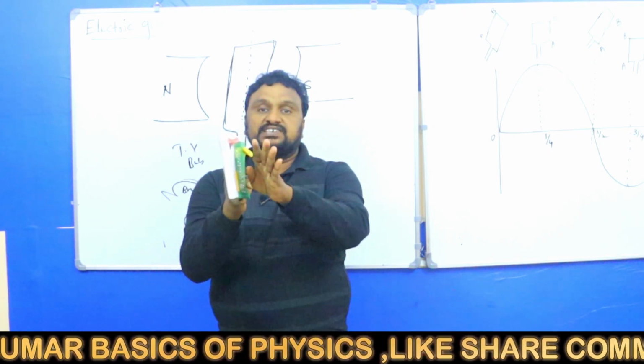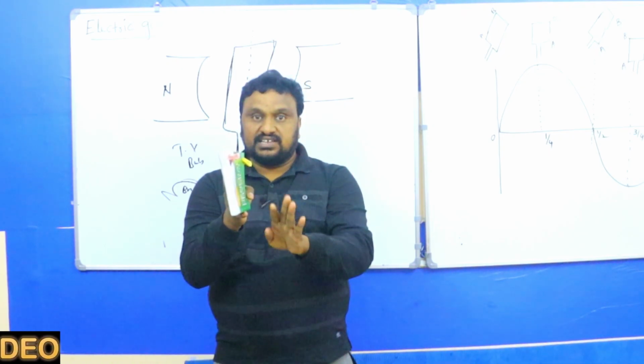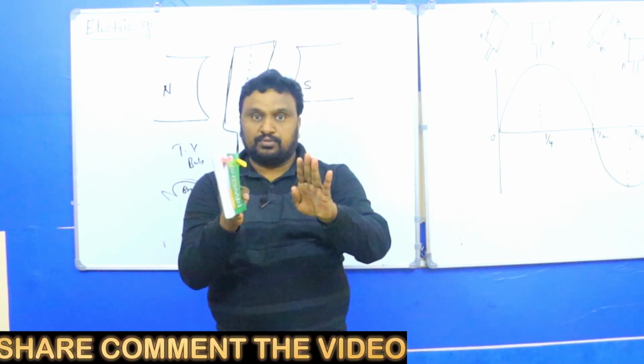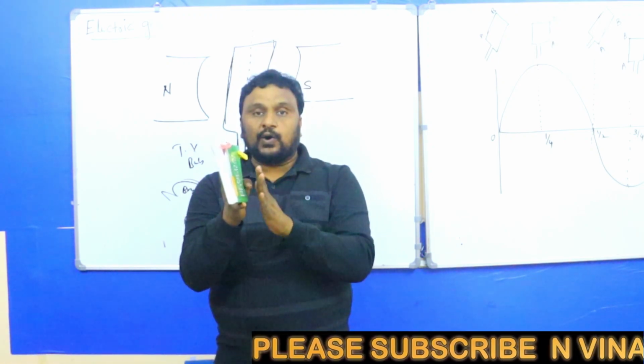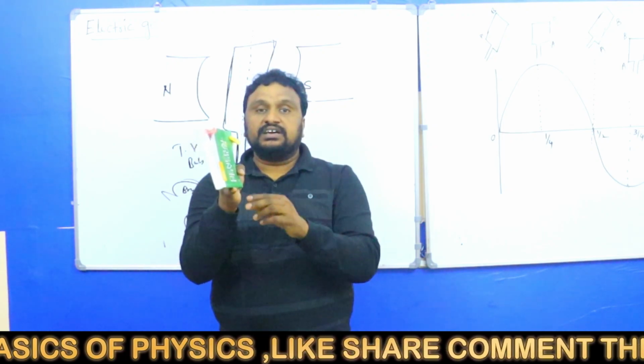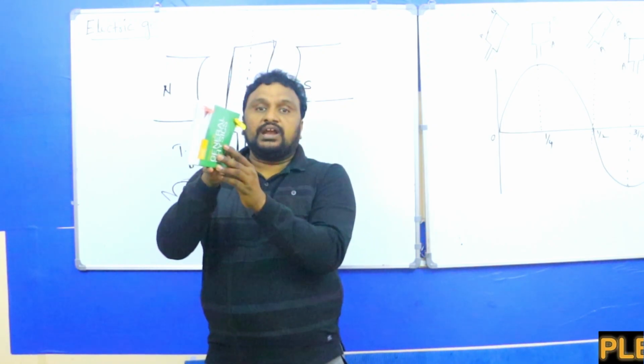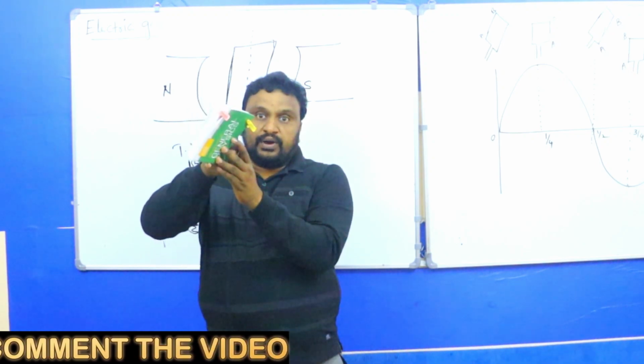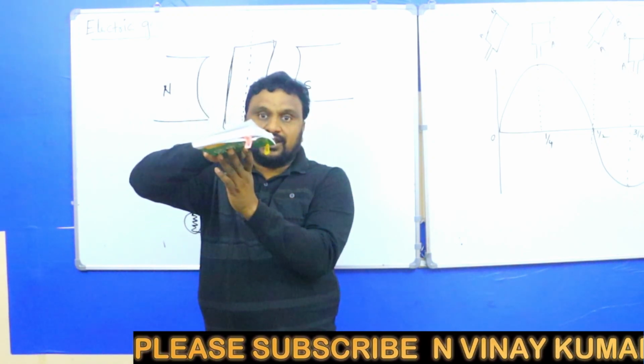Initially the coil is at rest, so obviously there is no change in flux and no EMF. Why? Because the coil is at rest. After that the coil is going to rotate clockwise. It is initially vertical and now it is coming to horizontal.